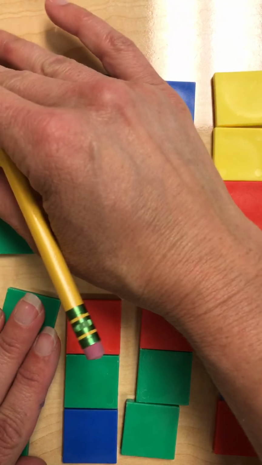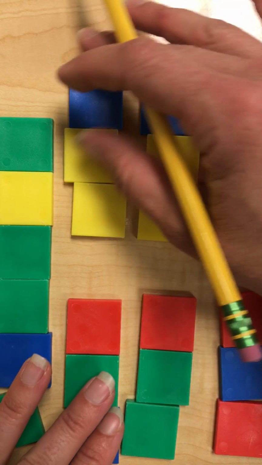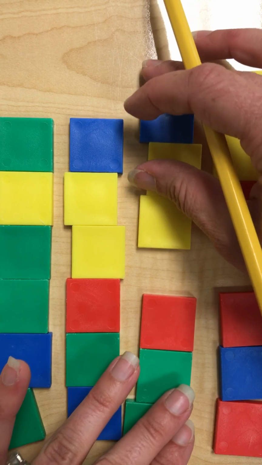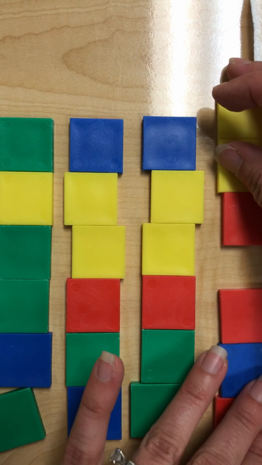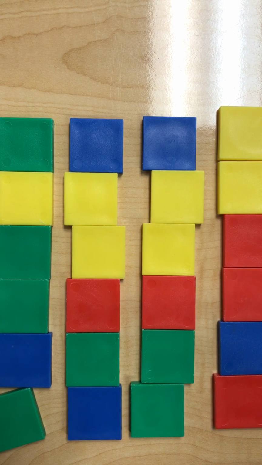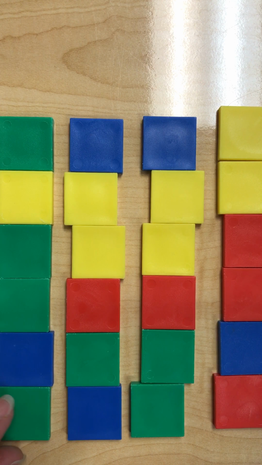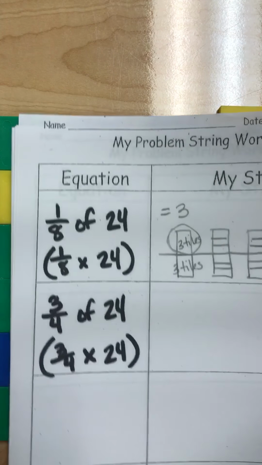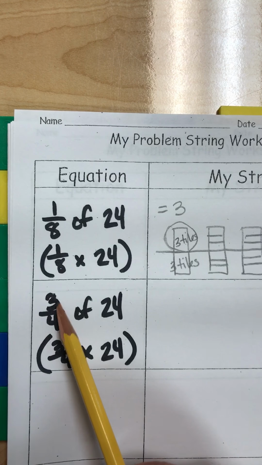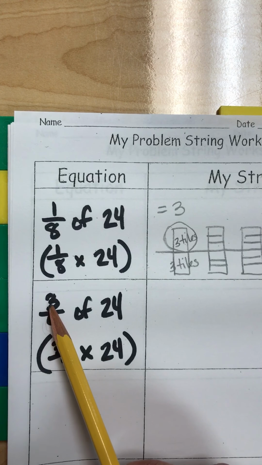So I'm just going to smash these back together. Now we have 4 equal groups, and I need how many of them? I need 3 parts. So I have 4 equal groups and I need 3 of them.